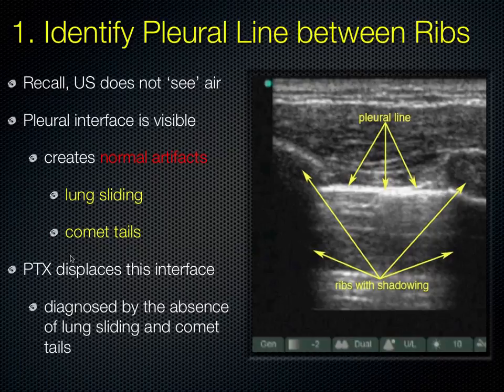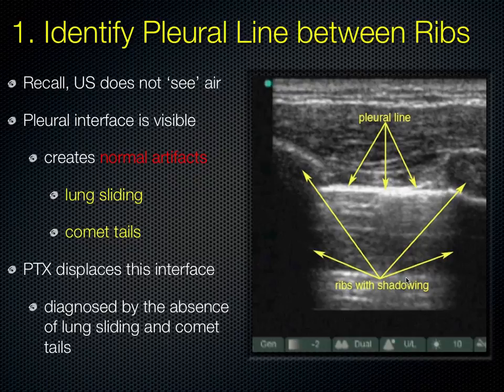So what we have here is a still picture. You have a rib, shadow behind, the pleural line. And this is that A-line we were talking about before. This is a still picture, so you can't appreciate sliding obviously, but just to remind you of the anatomy here, the pleural interface you can see, and if it is moving, you will see some sliding.